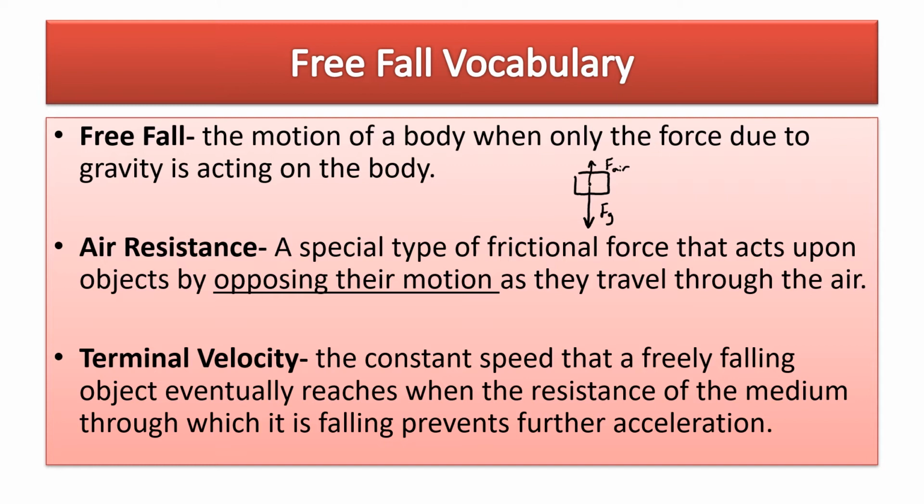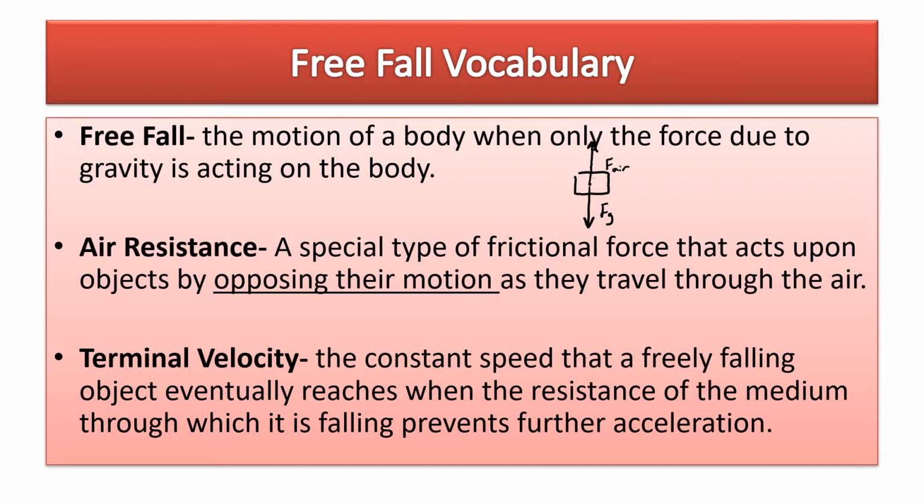And what happens with the air resistance, like I mentioned before, when you take AP physics, there's this drag force equation. The magnitude of the air resistance is dependent on the velocity through which you're moving through the air or the fluid. So the faster you go, the larger this air resistance force becomes until you reach a point where the magnitude of the air resistance is equal to the magnitude of the force due to gravity.